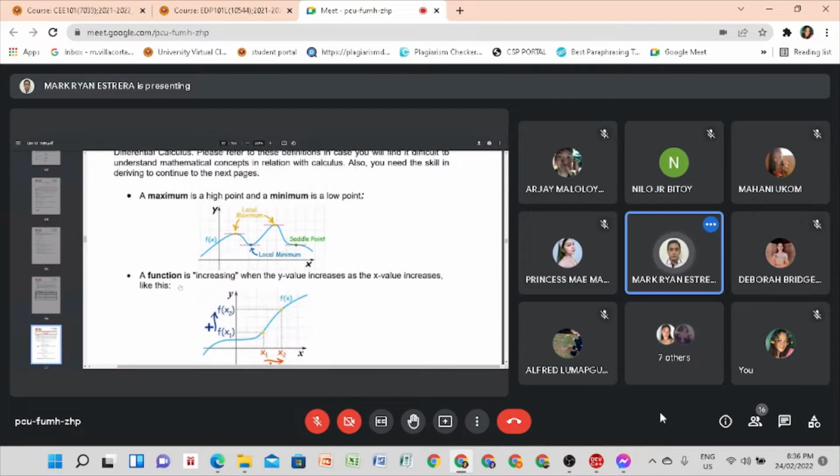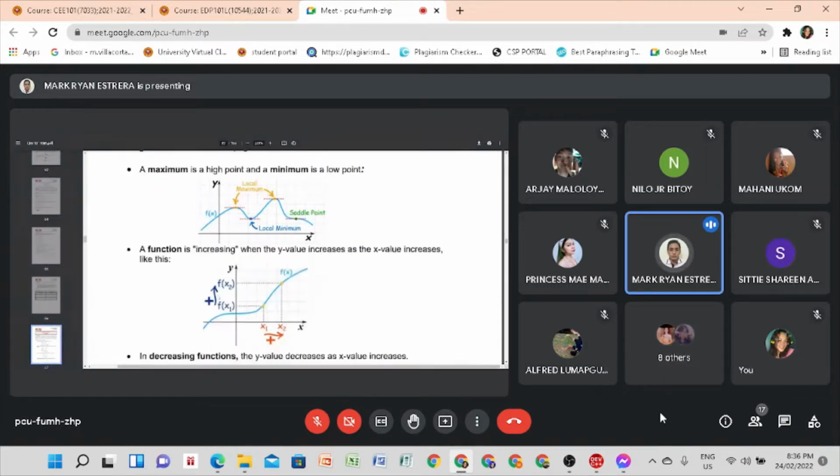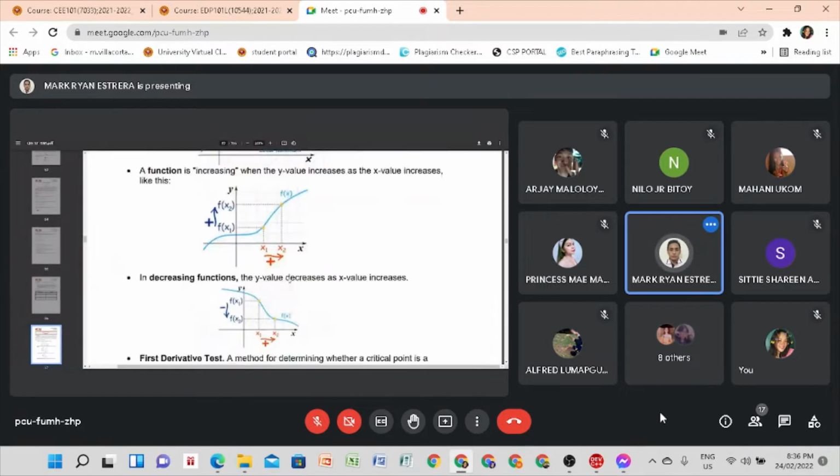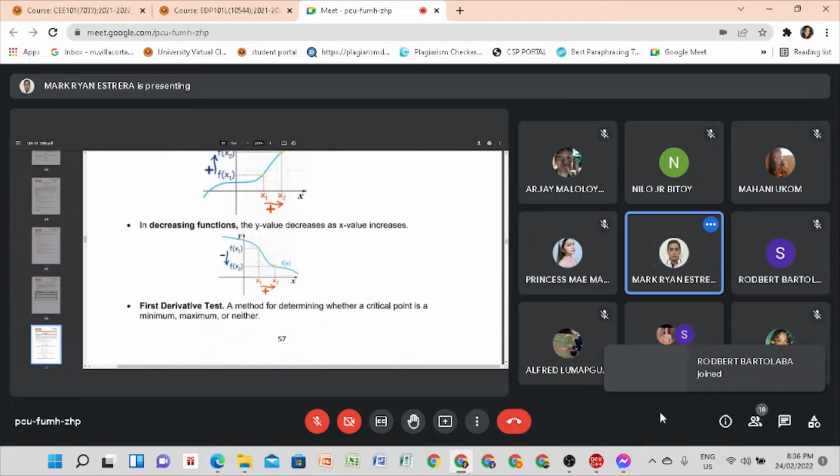Now, function is increasing when the y value increases as the x value increases. So, mas dali ni siya sabton guys later kaysa ani. Mas dali sabton kato nasa ubos. And then decreasing if this is the curve.